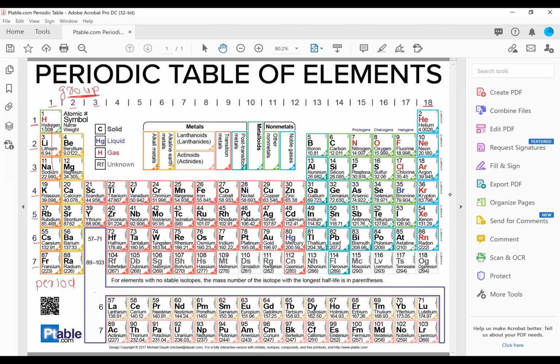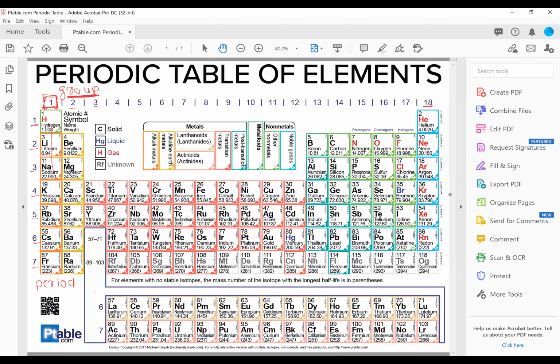There is something more important for you to remember, which is the names of the groups. We don't have to remember the names of all the groups, but certainly for certain groups, we do need to know the name. So I'm just going to highlight which groups or columns we should know the names for.